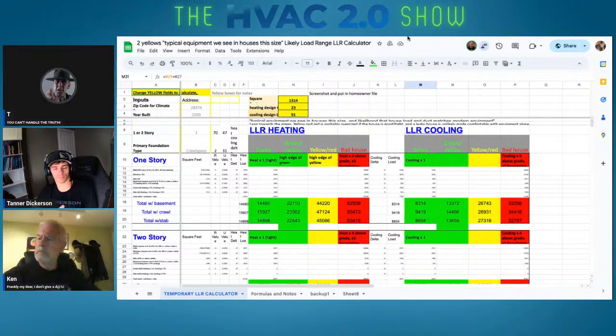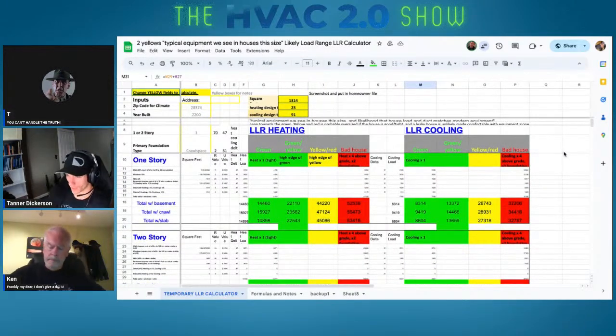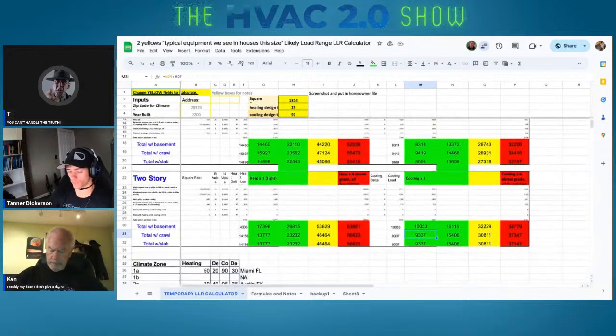So I wish Reedie was here because he's required to do load calcs, but I'm wondering if he's doing them after and using this because it saves time. I think, and I don't know, this is the problem of being removed from the sales process that people are using.